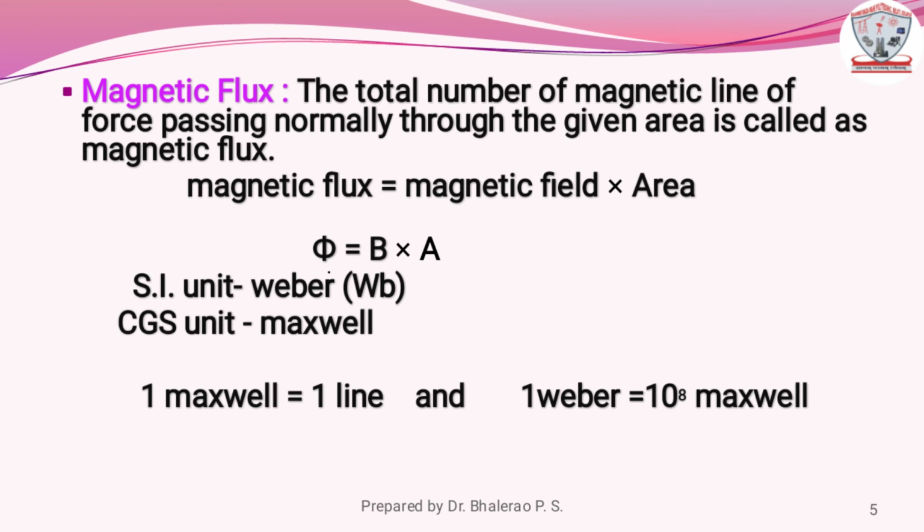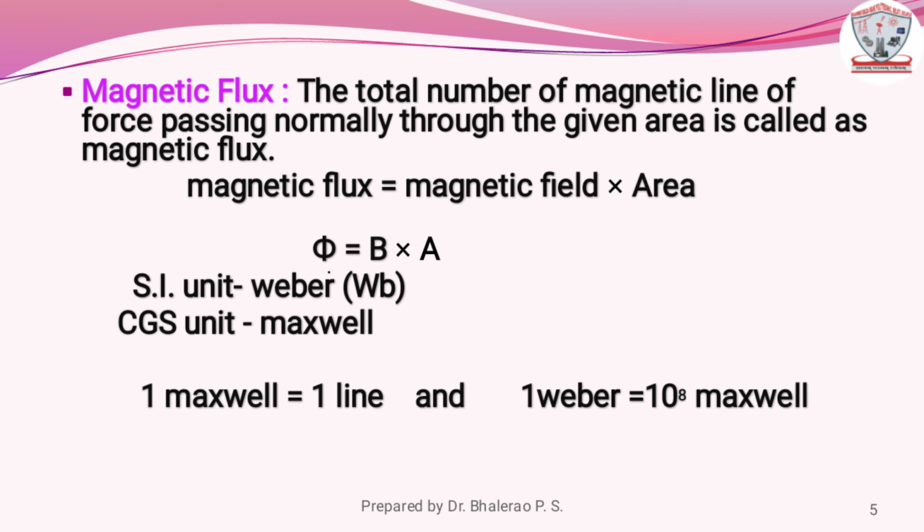Next is the magnetic flux. The total number of magnetic lines of force passing normally through a given area is called magnetic flux, which is denoted by phi, the Greek letter phi. The magnetic flux is equal to magnetic field into area.